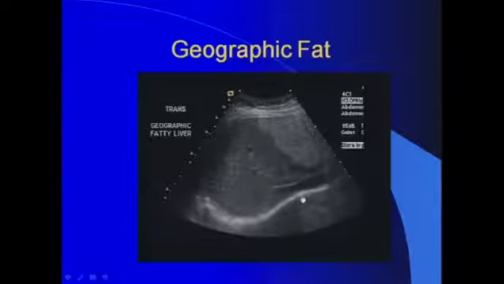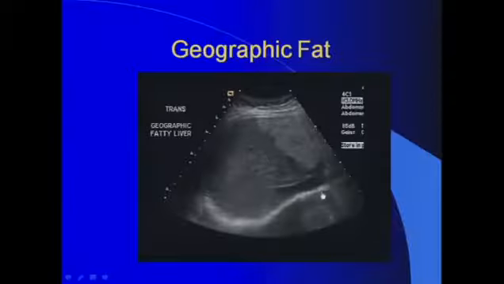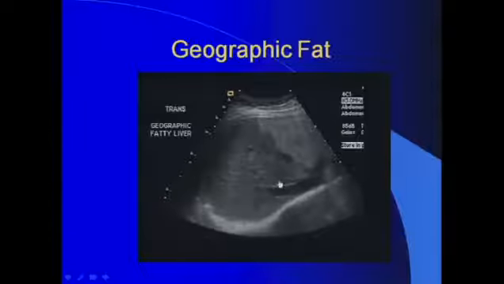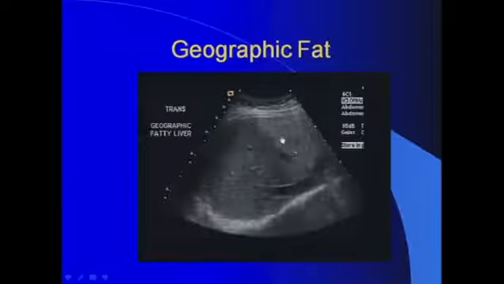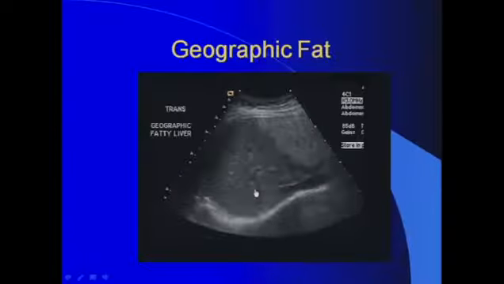This is a nice example on this clip to show you geographic fatty changes in the liver. You can appreciate the normal echogenicity of the liver on the right side and the increased echogenicity consistent with fatty infiltration. Now, you need to be aware that sometimes large infiltrative masses in the liver can have a similar appearance, including liver abscesses.